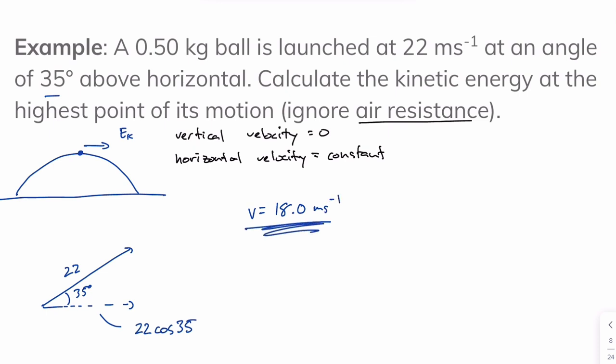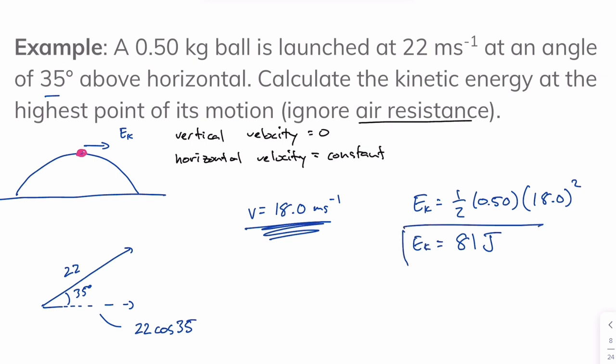So this is the velocity horizontally at the top of the motion. And so the kinetic energy at the top is going to be 1/2 times 0.5 kilograms times 18.0 meters per second, all squared. That gives us a value of 81 joules. So that's the kinetic energy at the top of the flight.